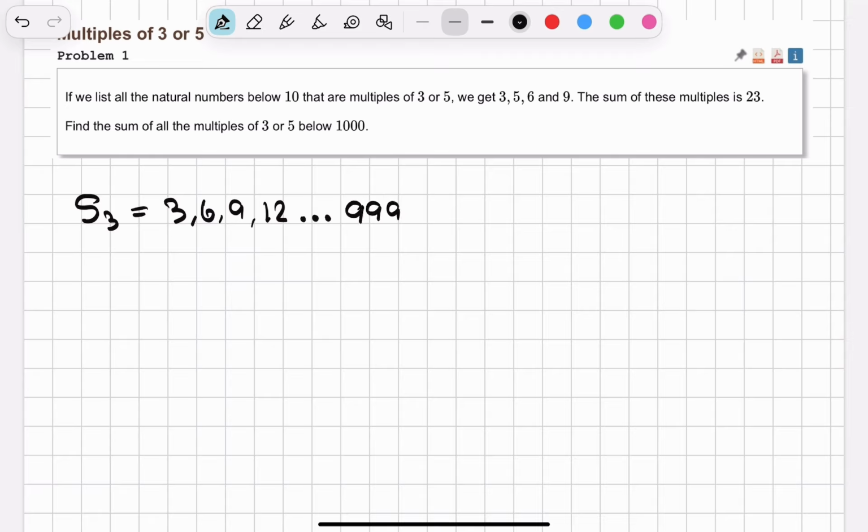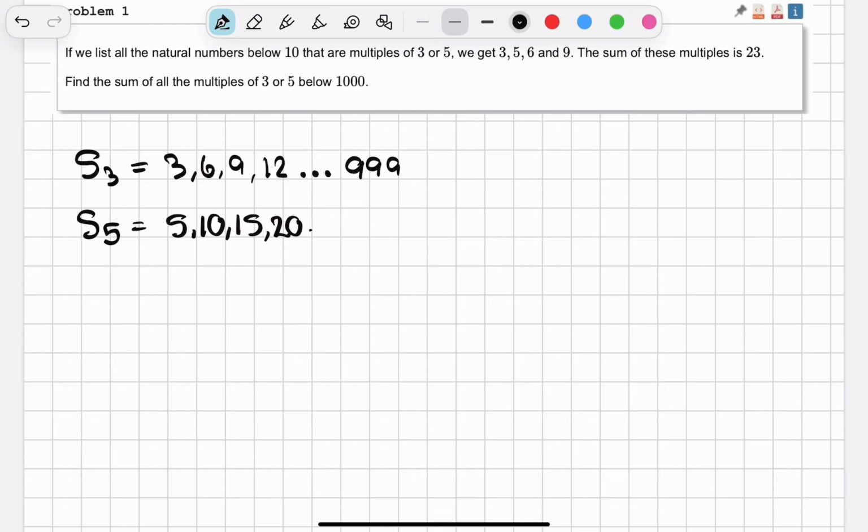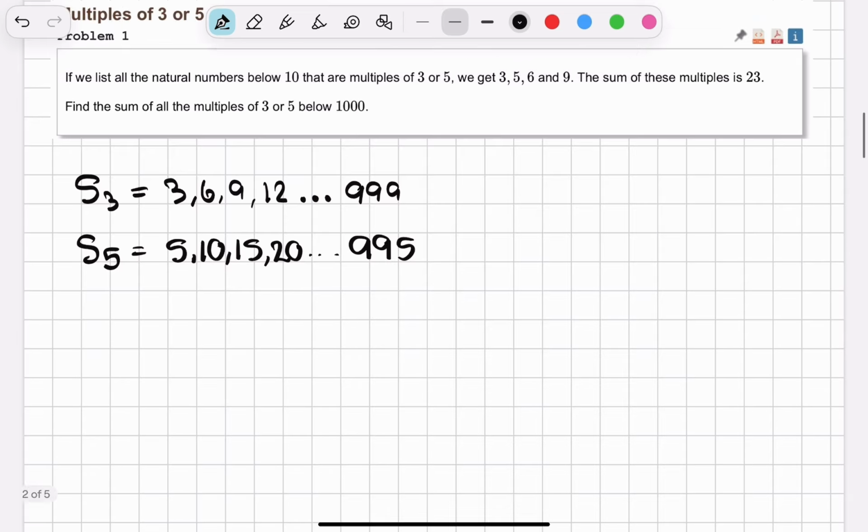And for S5, which is the sum of multiples of 5, we've got 5, 10, 15, 20, up until 995. I should have stated before we even start, any number we have, let's call it n, must be strictly less than 1,000, it cannot be equal to 1,000. So now we want to find the sum.